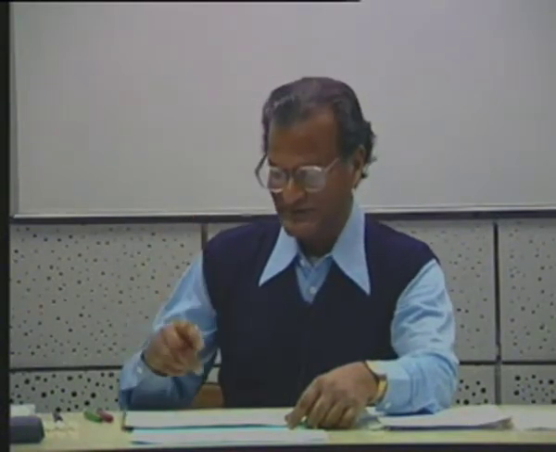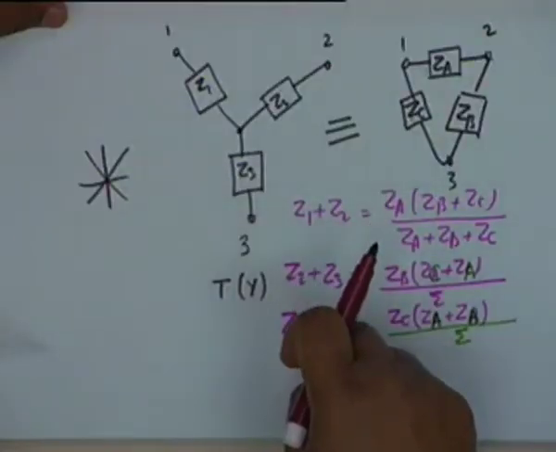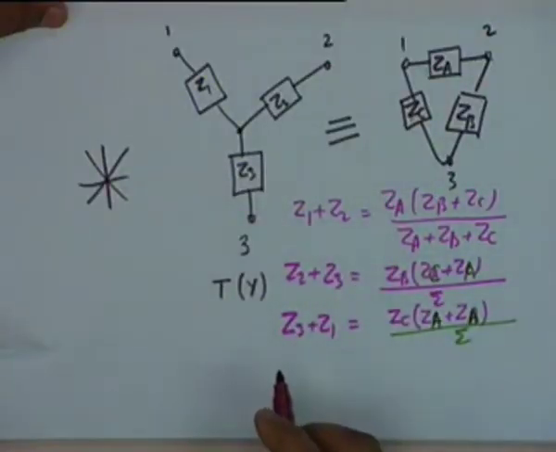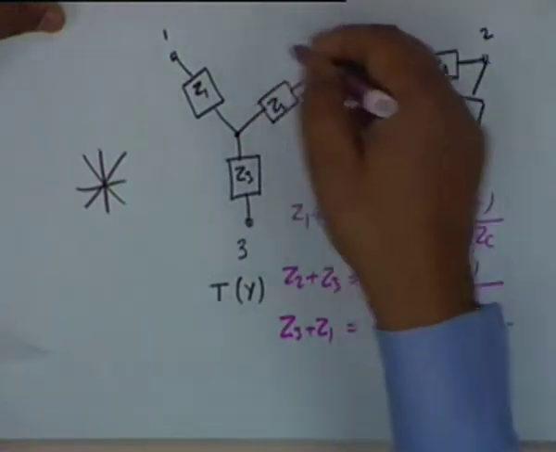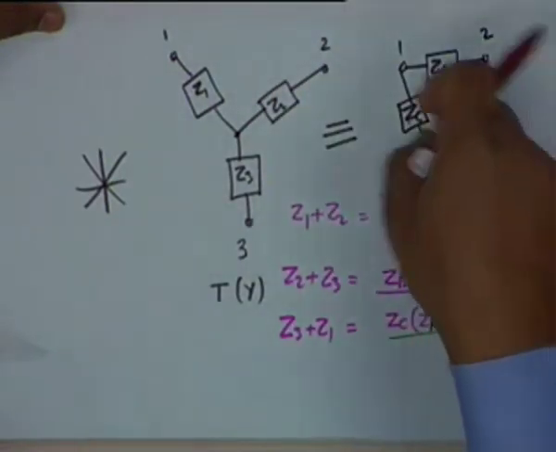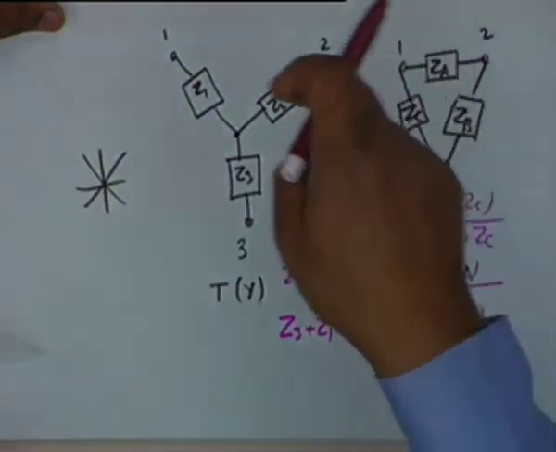Let us first find out Z1, Z2, Z3 in terms of ZA, ZB and ZC. All right, that is, we are going from pi to T, or delta to star.